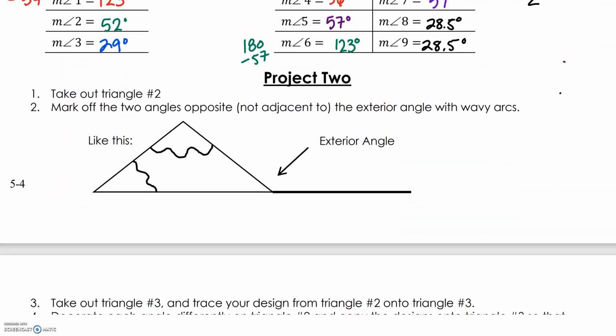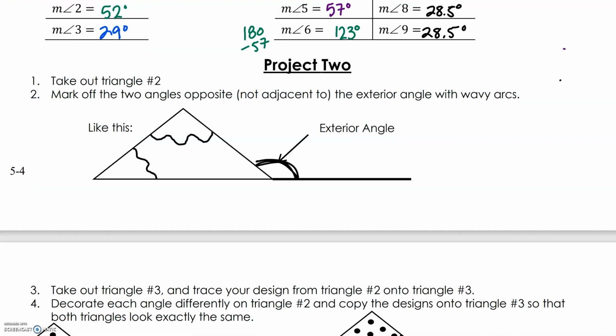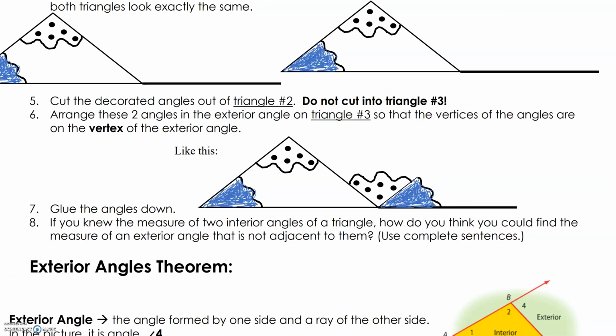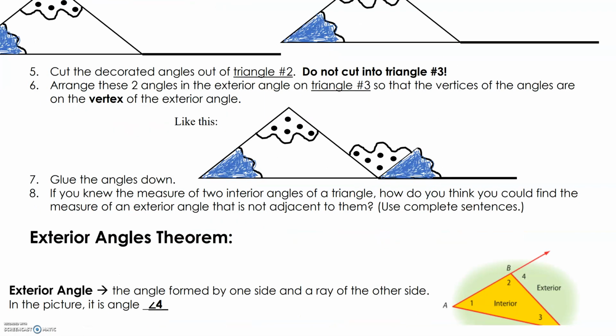The second project is looking at the exterior angle here. And so we cut out this angle and this angle, which we call the remote interior angles. And if we put those remote interior angles together, they actually add up to the exterior.